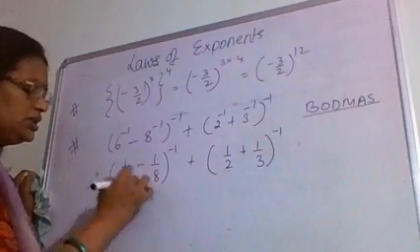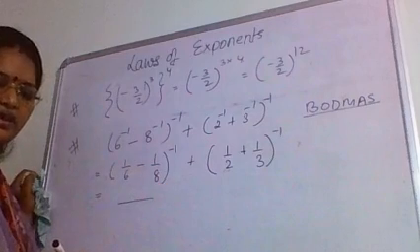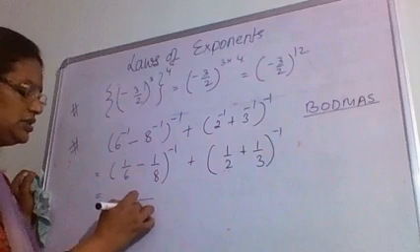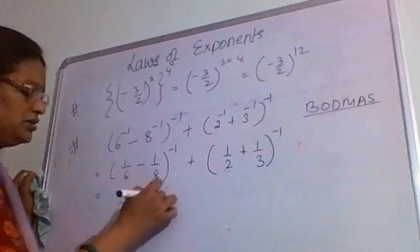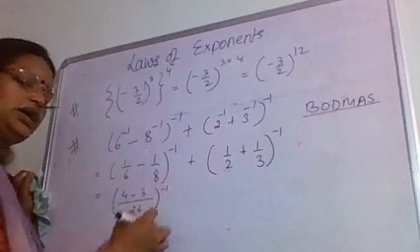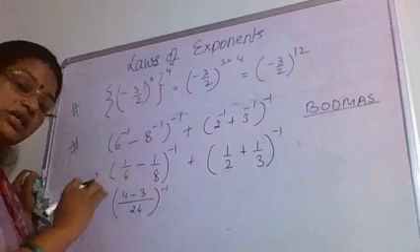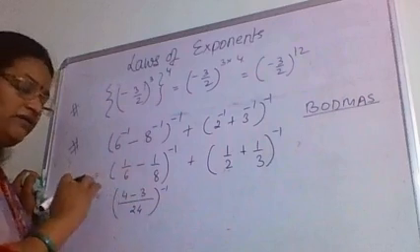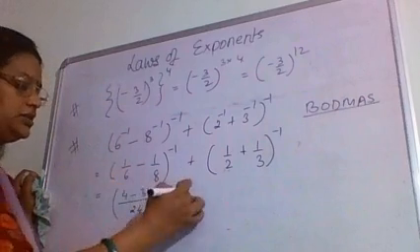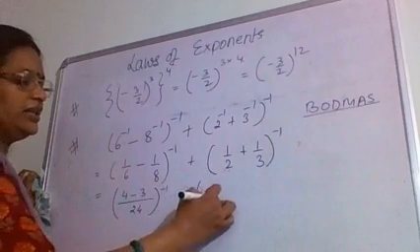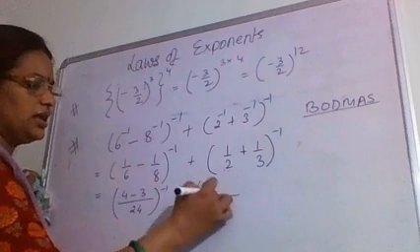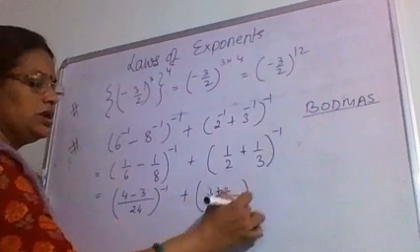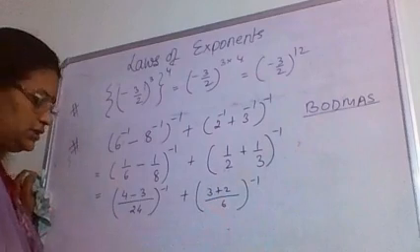What is the LCM of 6 and 8? I think this is 24. So 6 fours are 24 and 8 threes are 24. Again, I'm still continuing inside the bracket; first we simplify that and then move further. The LCM of 2 and 3 is 6, so this is 3 plus 2 over 6.